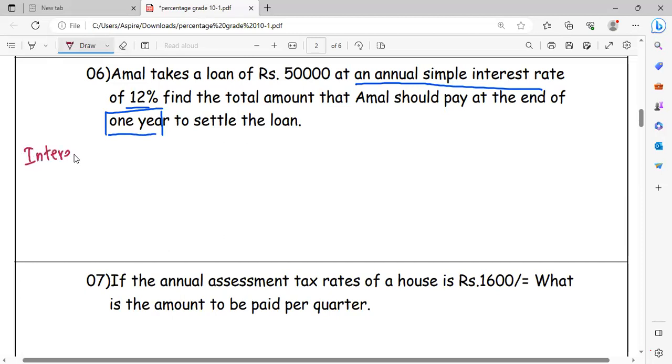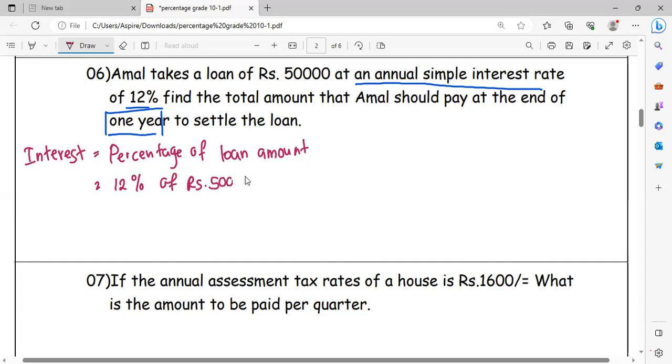It is 12% of loan amount, which is 50,000. Actually, this is the formula that you should know for the interest.